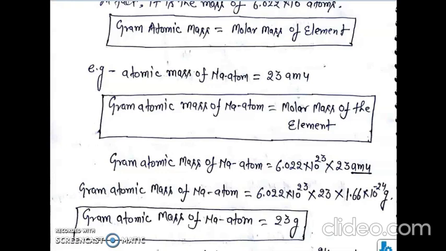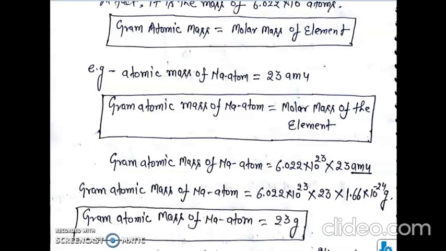We know that the number of atoms present in 1 mole is equal to 6.022 into 10 to power 23 atoms. We get gram atomic mass of sodium atom is equal to 6.022 into 10 to power 23 into 23 AMU.